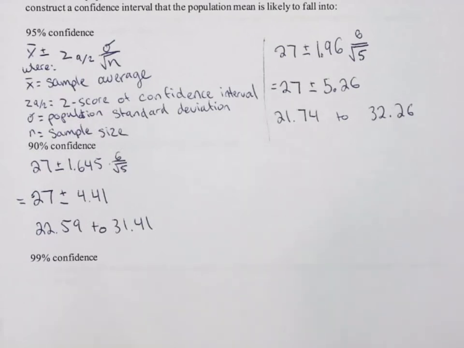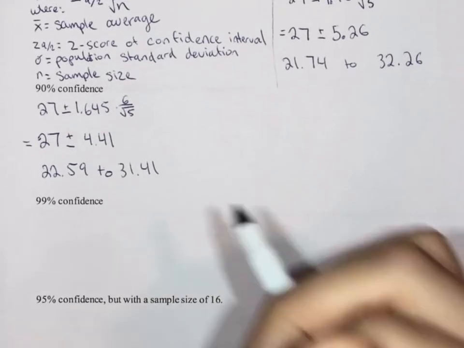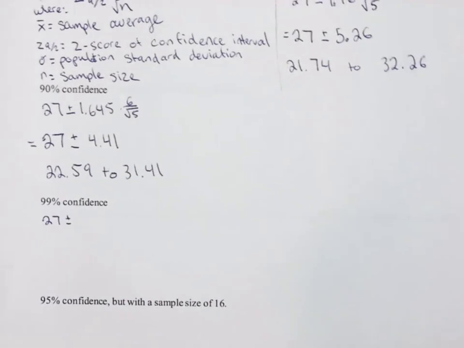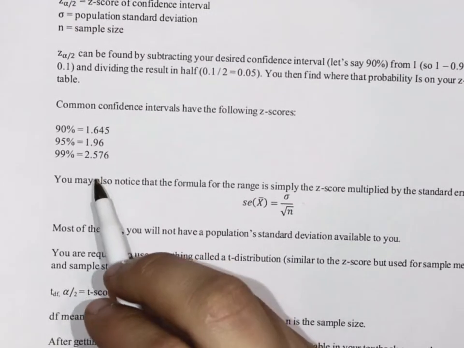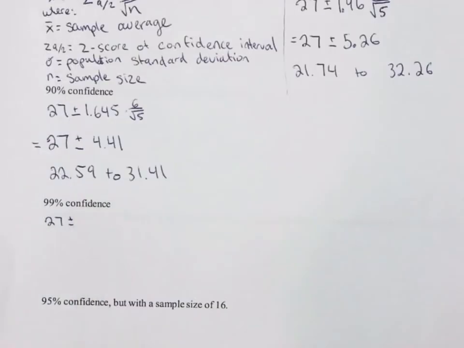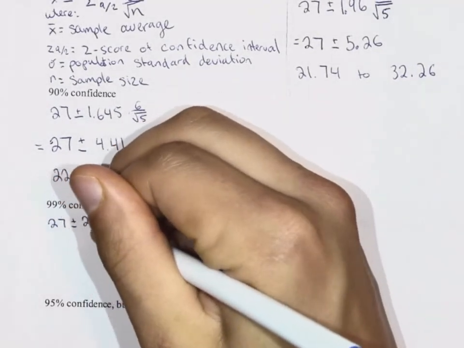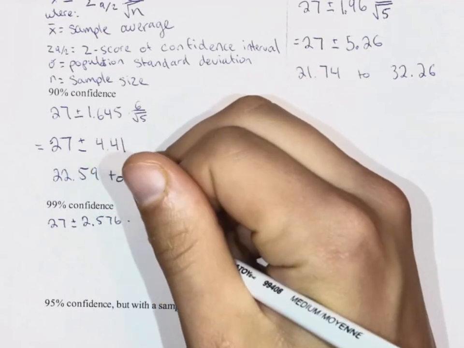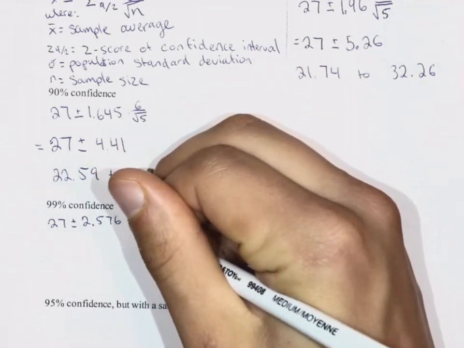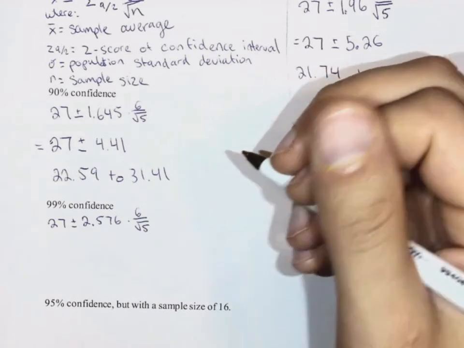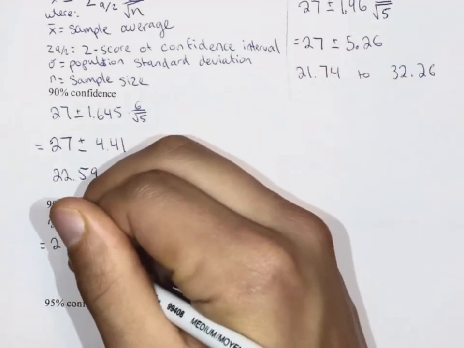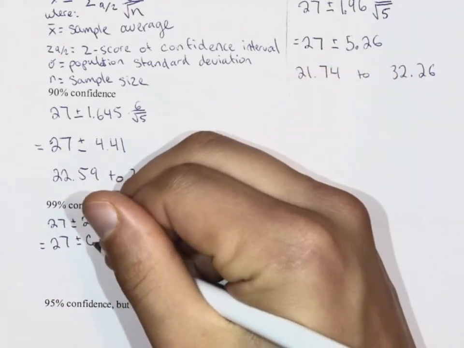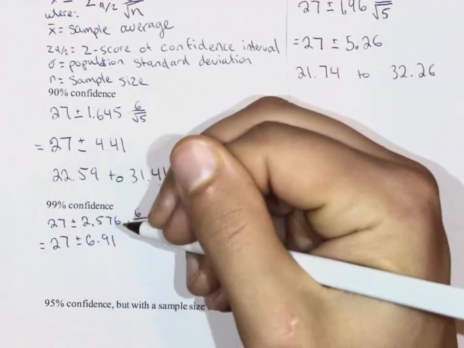So let's have a look what happens with 99% confidence. 27 plus minus, we can use the z-score, 2.576, and 6 divided by the square root of 5 equals 27 plus minus 6.91.